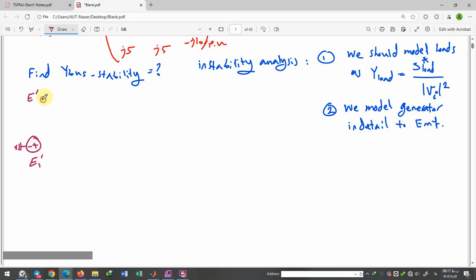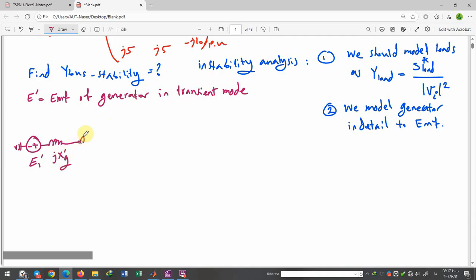E prime means EMF of the generator in transient mode. Okay, after that we have jX prime of the generator, the reactance of the generator in transient mode.